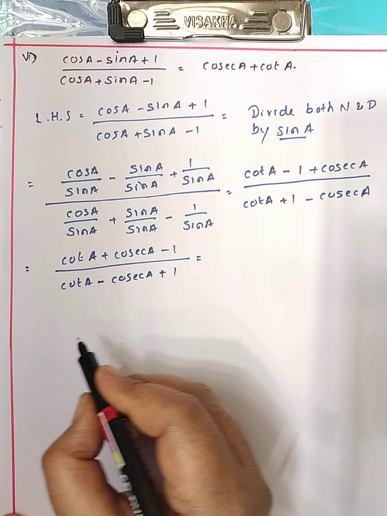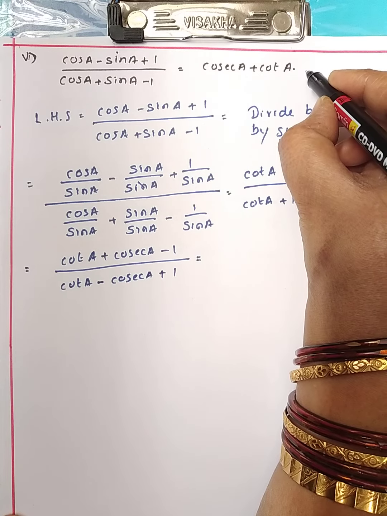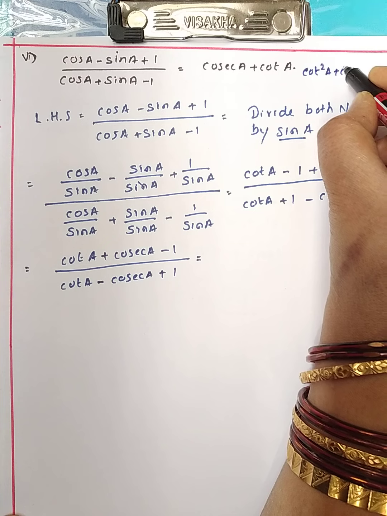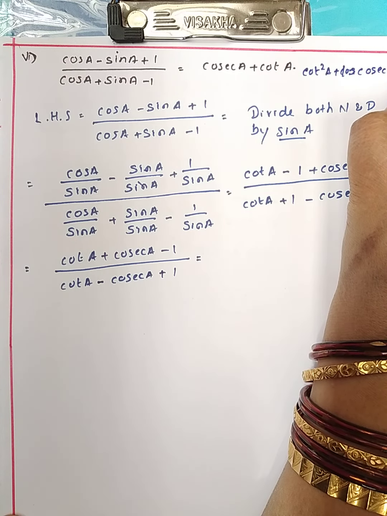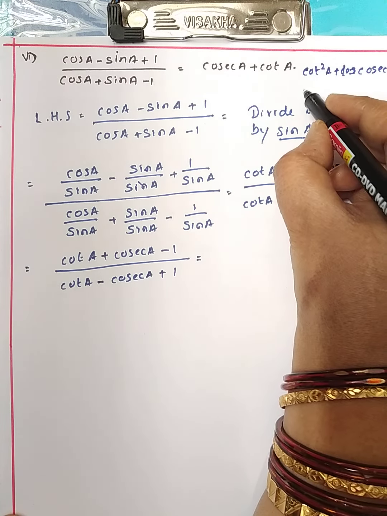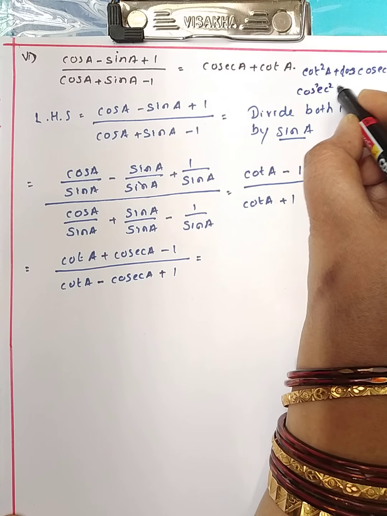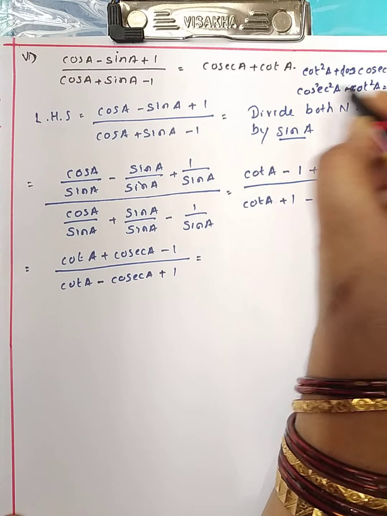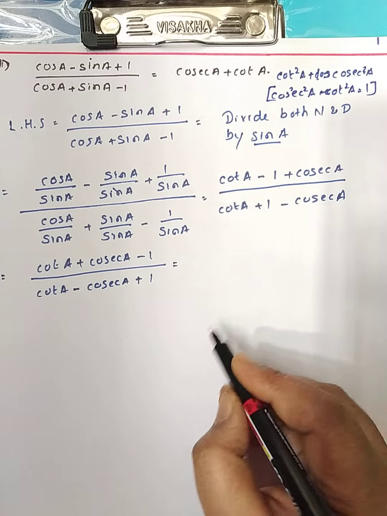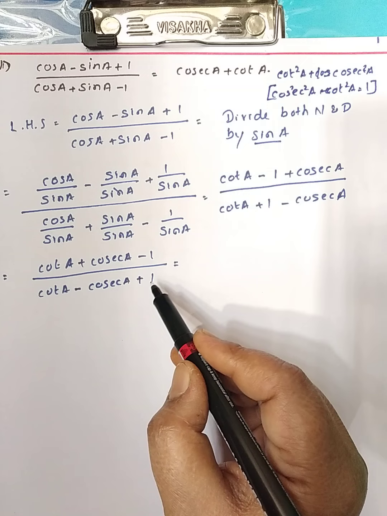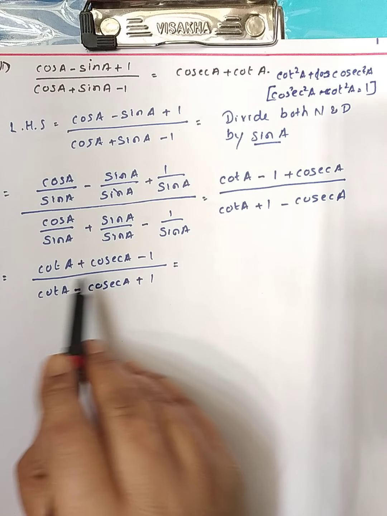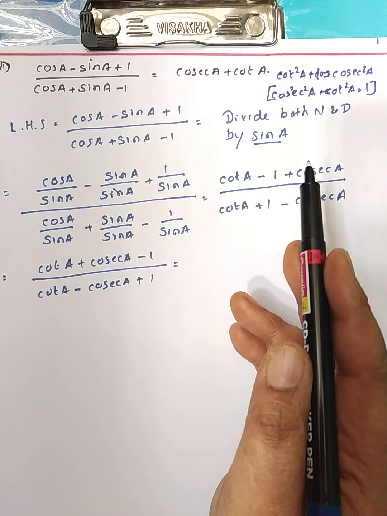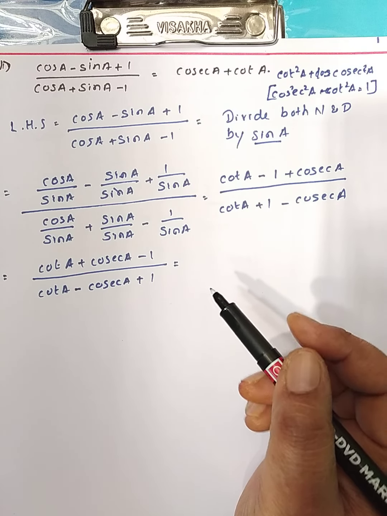Now we will use the formula cot square A plus 1 equal to cosec square A, that is cosec square A minus cot square A equal to 1. This is the identity. We can rewrite 1 in cosec square and cot square form.